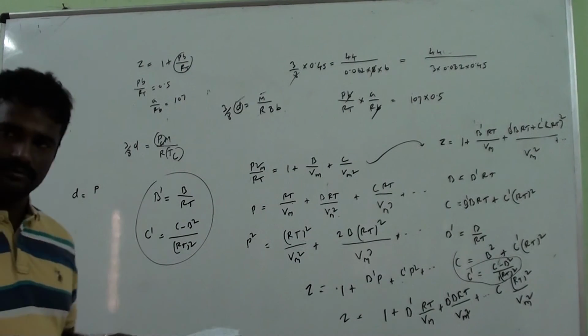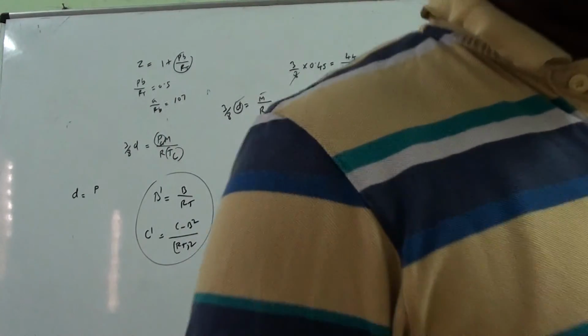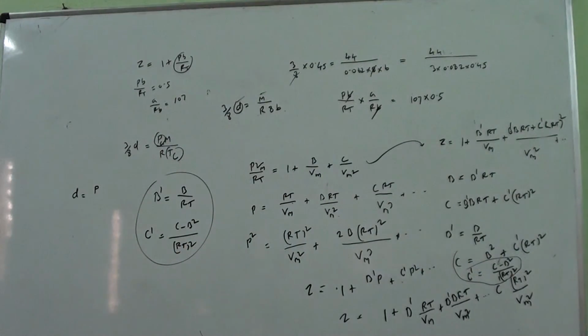Centimeter per 6 you can write as meter cube into 10 cube. R is in liters, so you put into 10 cube. What they are asking is to find the pressure, so P plus A by V square times V minus B equals RT.